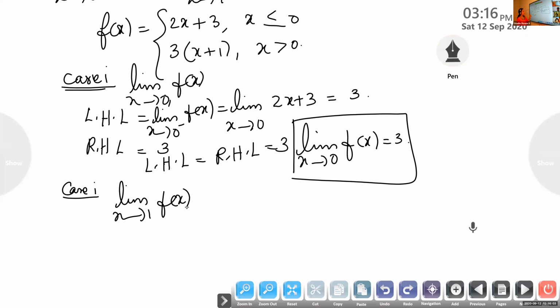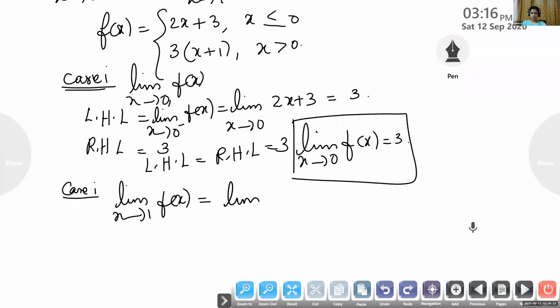Is multiple function defined at 1? No, isn't it? Two functions are defined when x is 0. But when x is 1, which is the function defined there? What is the function defined there when x takes the value 1? 3x plus 1.